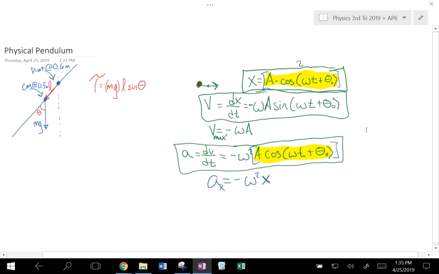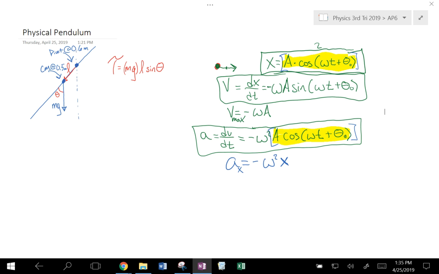And so one of the things that we picked up on yesterday was, well, we started out with position as a function of time and eventually landed on velocity as a function of time, acceleration as a function of time. But then if you look at that expression for acceleration as a function of time, it's negative omega squared A cosine(omega t plus the initial angular position).